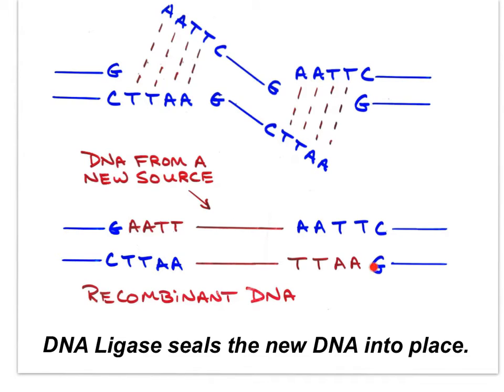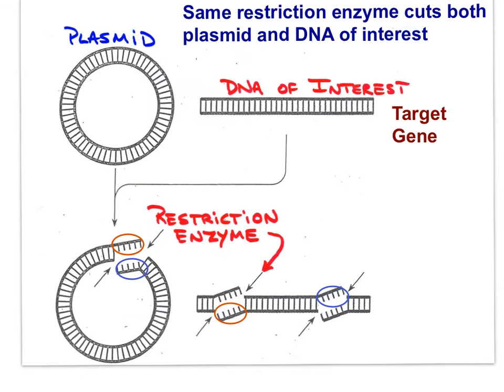So we can start with a plasmid and DNA from an organism of interest, let's say a virus of interest, and this would be the target gene. Imagine that this viral gene produces a protein which can be collected and injected into people as a vaccine.